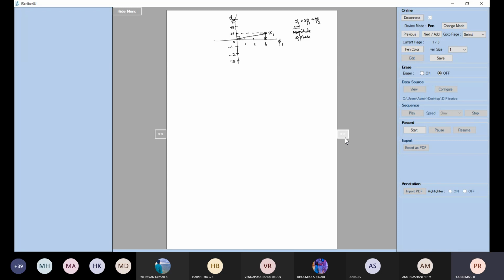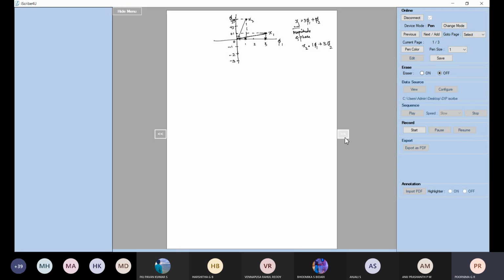That is the reason why we have chosen the message vector as a combination of the coordinates with basis functions. What is x2? x2 is 1 phi1 plus 3 phi2, so 1 along phi1 and 3 along phi2. This is x2.